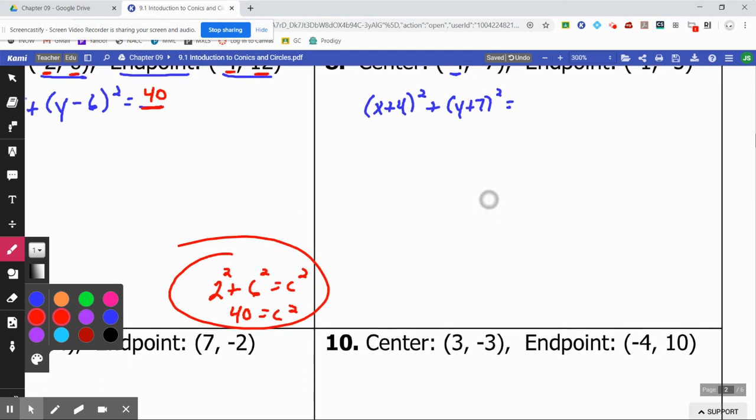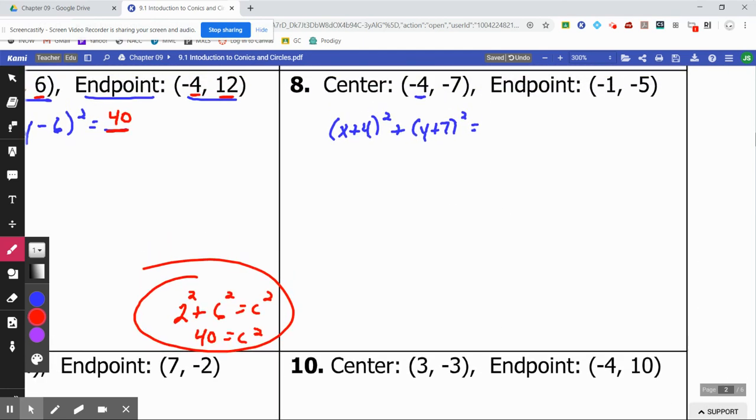To find the radius, again, we can do distance is equal to, the radius is the distance from center to endpoint, so that'd be the square root of x2 minus x1 squared, so that'd be -1 minus -4 squared plus y2 minus y1, which would be -5 minus -7 squared.